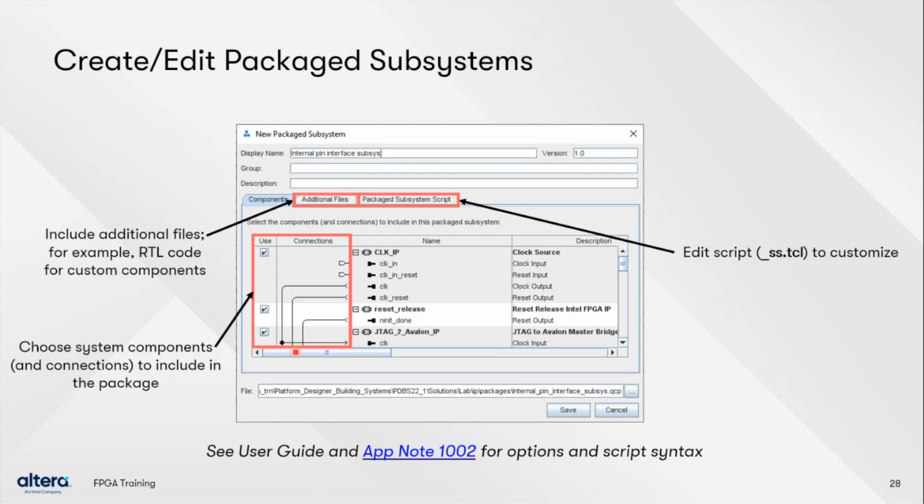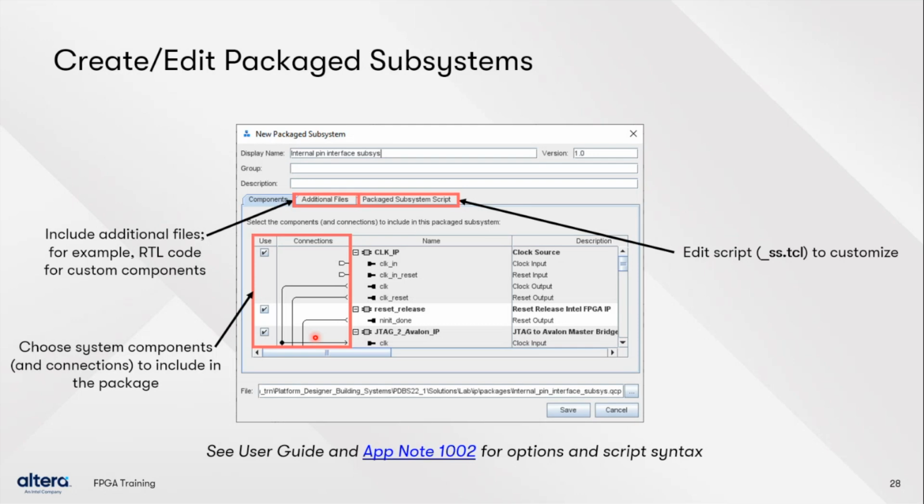So you could say, in my package subsystem, I want to export this interface instead of using this connection so that somebody can use that exported interface. You could disconnect this and scroll over to the right here, it doesn't show it, but then export that interface so that a person could connect to that outside of the package, okay? So you can completely customize your package subsystem in any way based off of your current system.